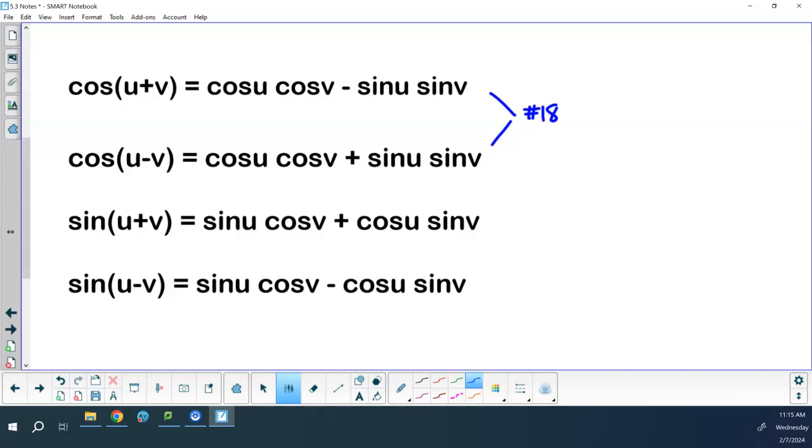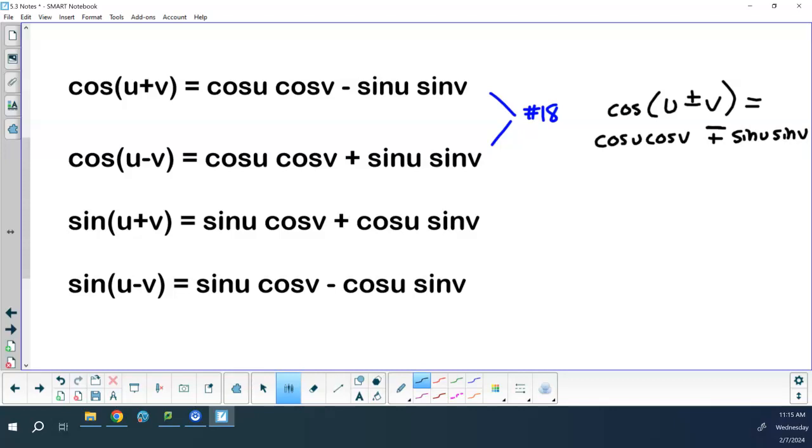The way that it's written on your sheet is it says the cosine of u plus or minus v is equal to the cosine of u, the cosine of v, minus plus sine of u, sine of v on your sheet, if I'm not mistaken. Correct? On number 18? Okay.